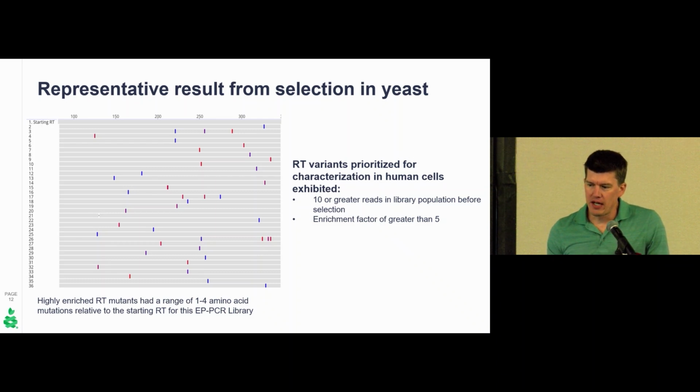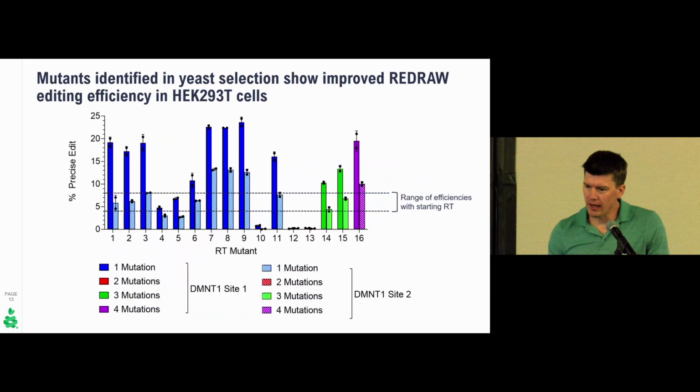In this particular example, we were selecting candidates based on having at least 10 reads in the starting library and an enrichment factor of at least 5, so 5 times more abundant in the ending library than they were at the beginning. We got a handful of candidates from that process, and then we took them into HEK293T cells to test their activity in an environment that's closer to our application purposes.